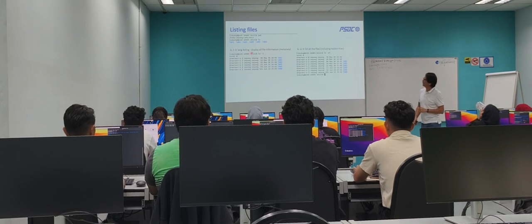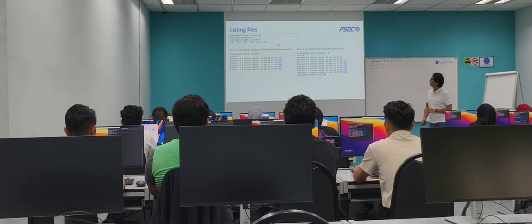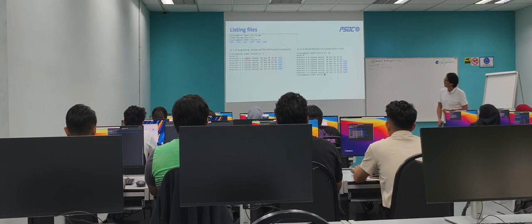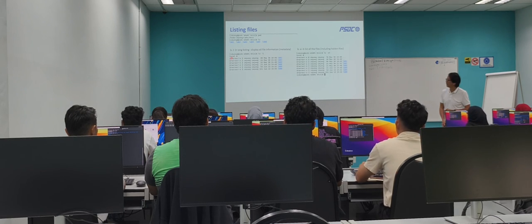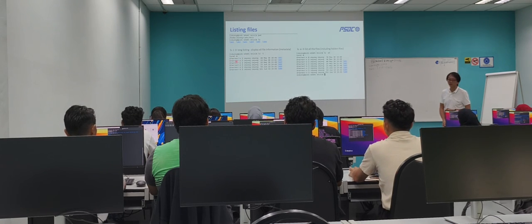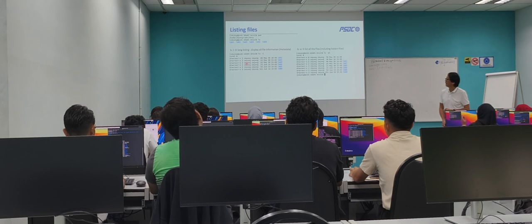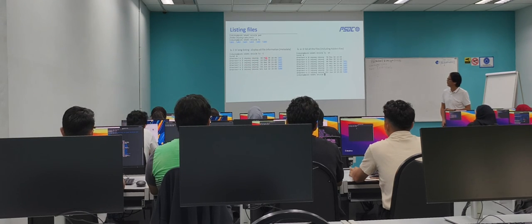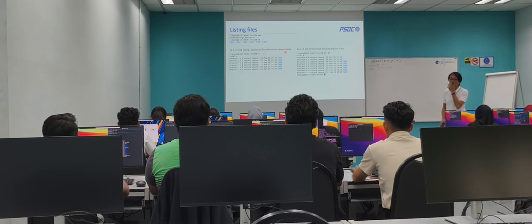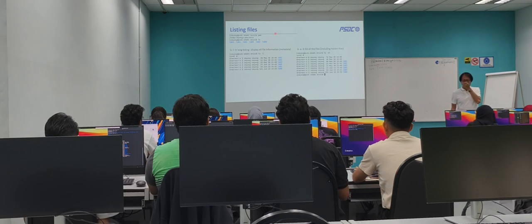So ls -l is a long listing. It displays all the information. Here you can see the permissions, who owns it, what the group is, the date, and the file name or folder name.